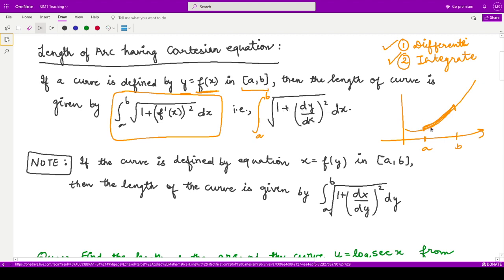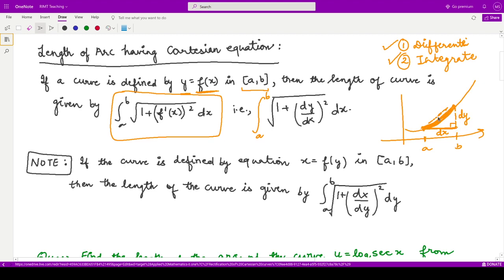So what is this? If you make this, it is equivalent to this straight line basically, and this straight line is nothing but the side of this right angle triangle. So this angle is 90 degrees. What is this length? This length is the small distance dx covered in moving from a to b. And this length is the small distance dy covered in moving from this point to this point.